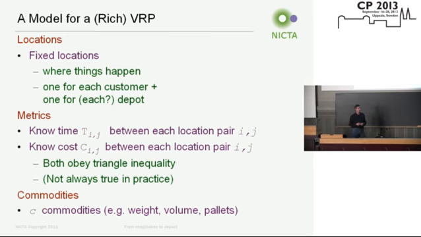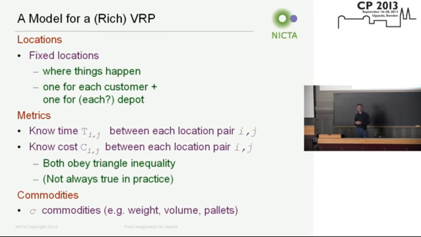Metrics is an important concept. This is things that change from I to J. So it's things like distance and time and cost. You need to know between every pair. And so for now, we'll just worry about the time between every pair IJ and the objective cost I to J. Now, I'm going to assume that they both obey the triangle inequality.